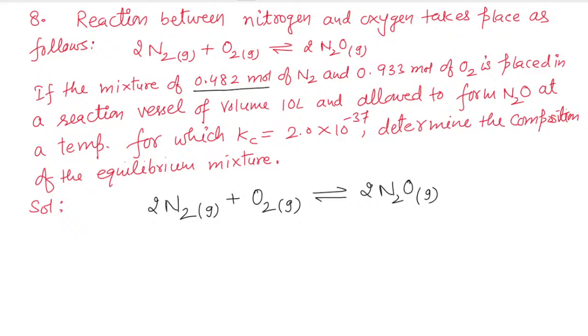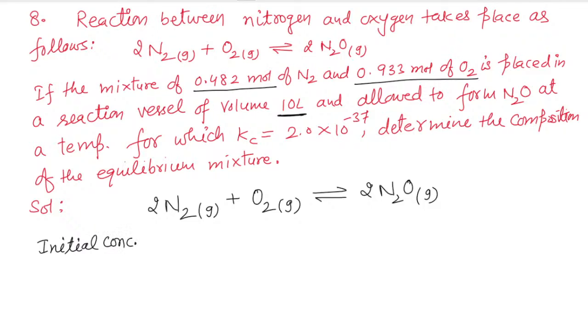In the mixture, 0.482 mole of nitrogen is there and 0.933 mole of O2, and they are in the vessel of 10 liter, not 1 liter. Okay, so that means initial moles, first of all write initial concentration, we can write. Okay, initial concentration.